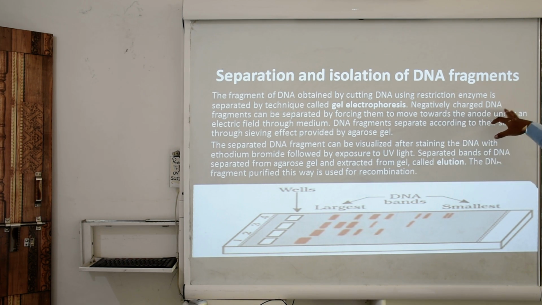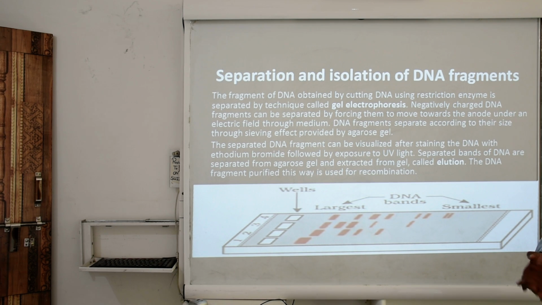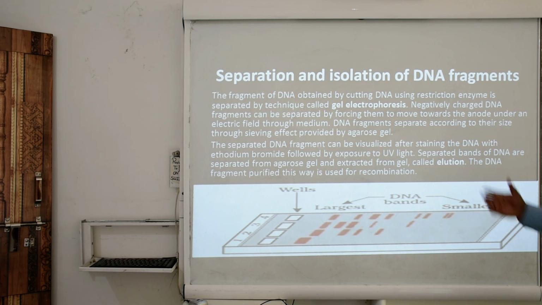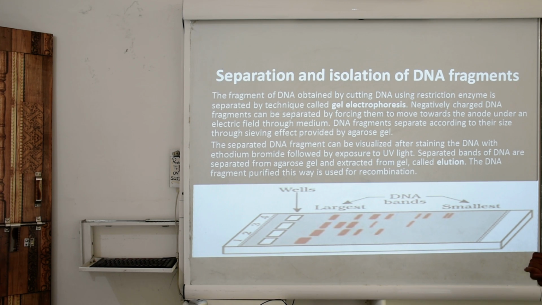Now these negatively charged DNA fragments can be separated by forcing them to move toward the anode under an electric field through the medium. The DNA fragments are separated according to their size through the sieving effect provided by the agarose gel, and the separated DNA fragments can be visualized after staining the DNA with ethidium bromide, followed by exposure to UV light.